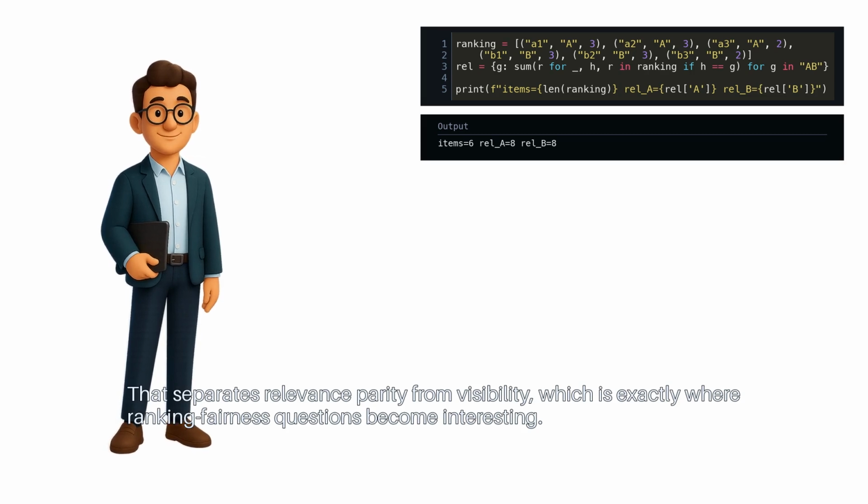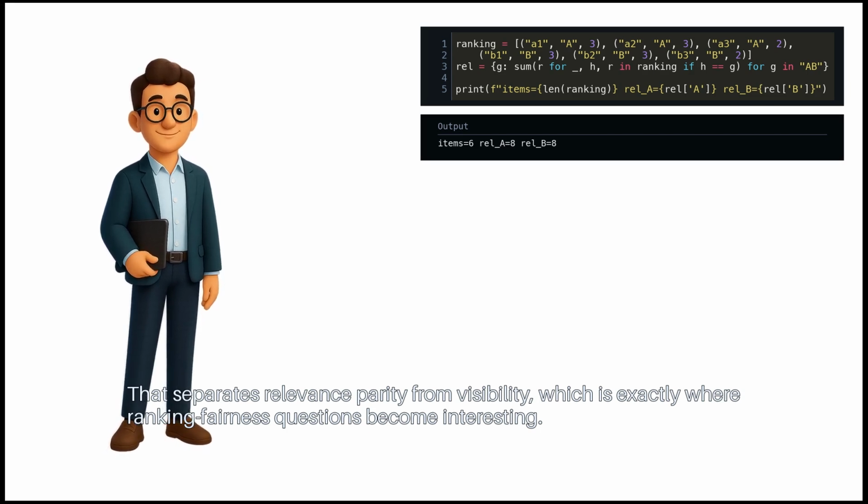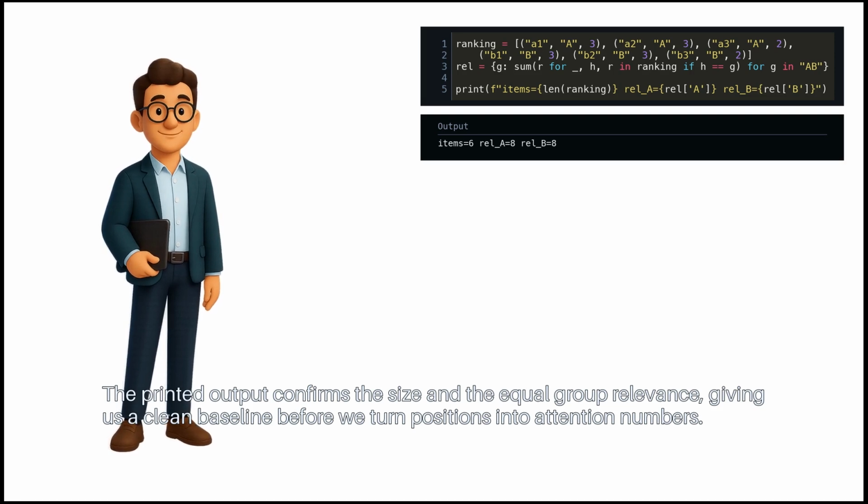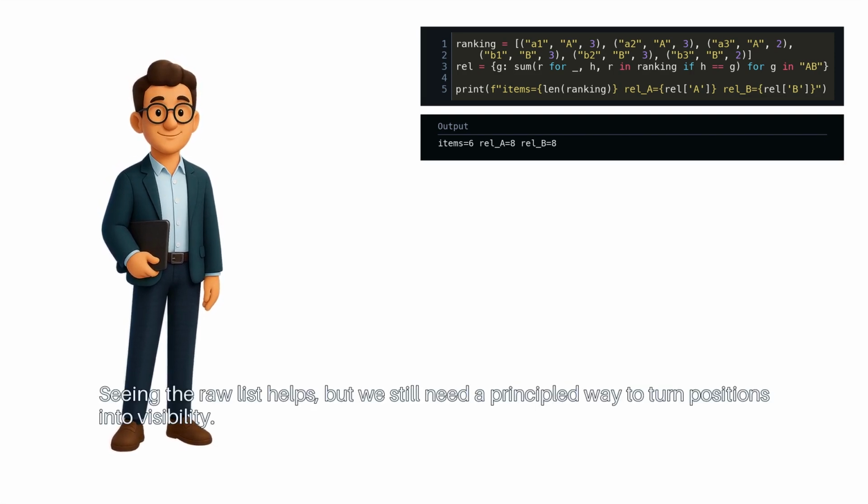That separates relevance parity from visibility, which is exactly where ranking fairness questions become interesting. The printed output confirms the size and the equal group relevance, giving us a clean baseline before we turn positions into attention numbers. Seeing the raw list helps, but we still need a principled way to turn positions into visibility.